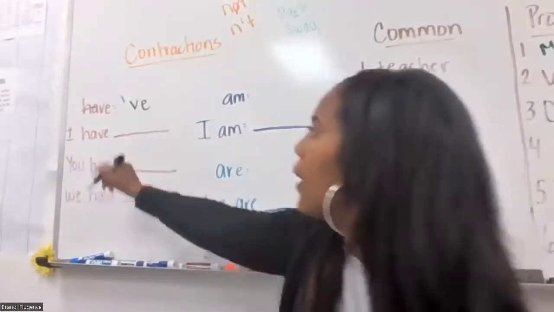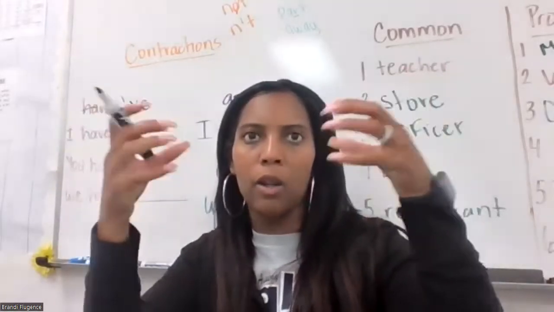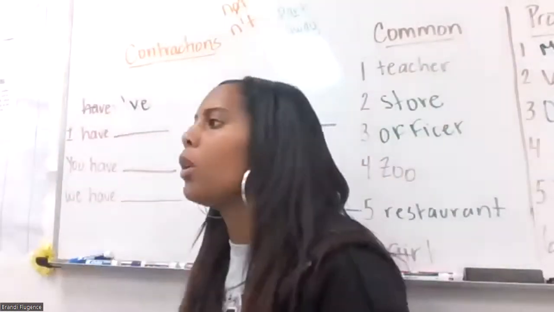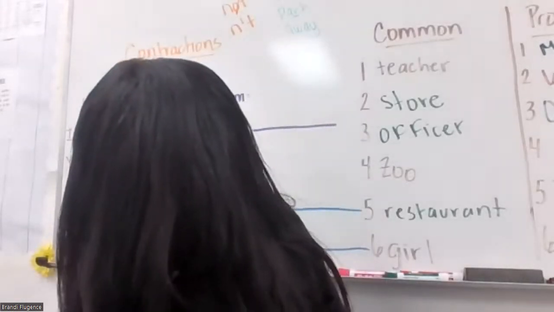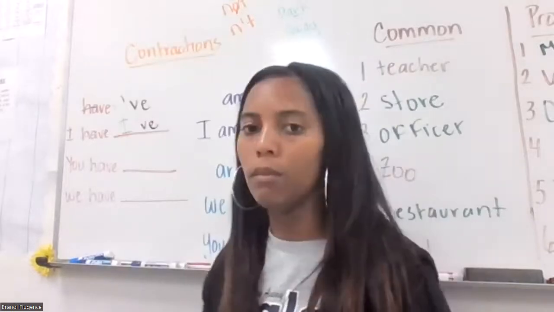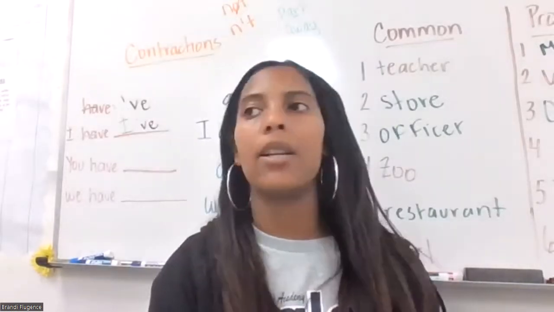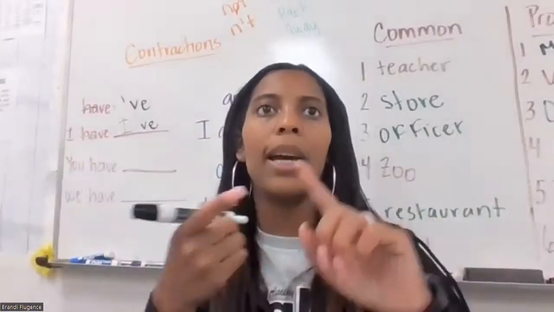Let's look at I have. If I contract I and have, meaning put it together, what will it become? I apostrophe VE. You have, if I contract it, what does it become?